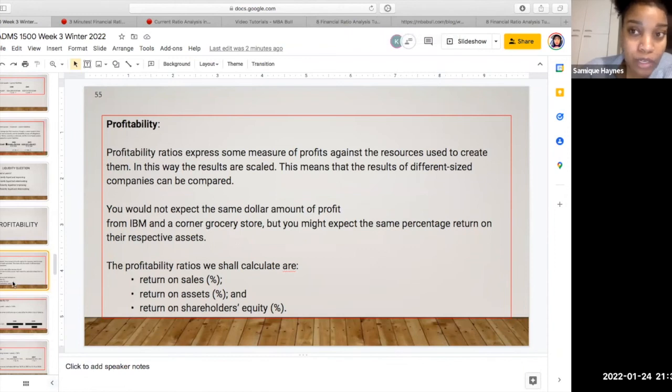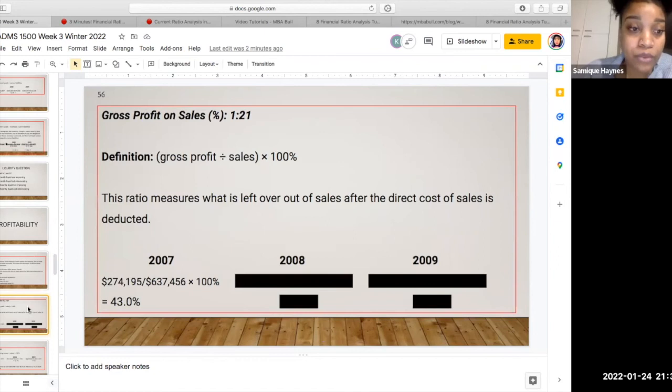So I'm going to go through a couple more, and then we're going to talk about the midterm, because I really want to have some time for us to talk about the midterm coming up, okay? So for profitability ratios, we're going to talk about return on sales, return on assets, and return on shareholders' equity, okay?